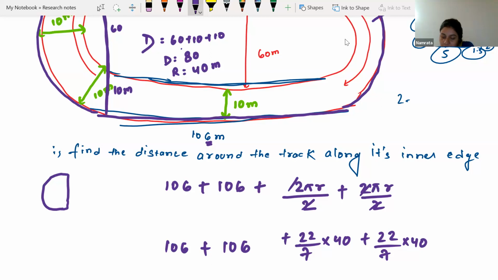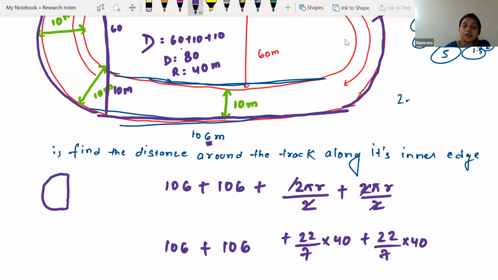Distance around the track along the inner edge, that was the first part. And the second part says we have to find the area of the track.